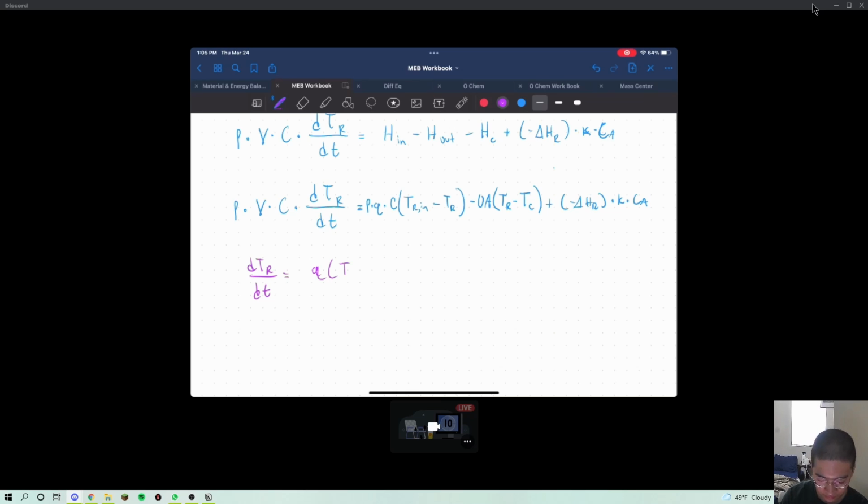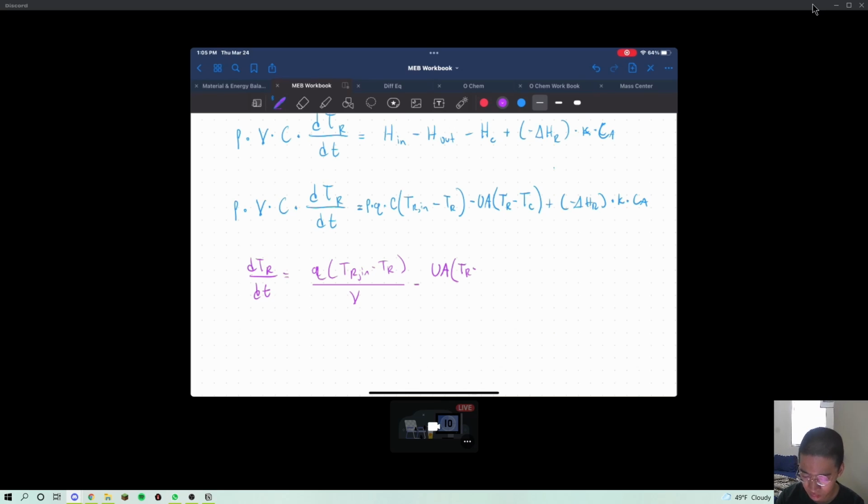times temperature of the reactants going in minus temperature of the reactor over volume, minus, I'll call it conduction factor, I suppose. I know there's a real name for it, but I don't know it off the top of my head.